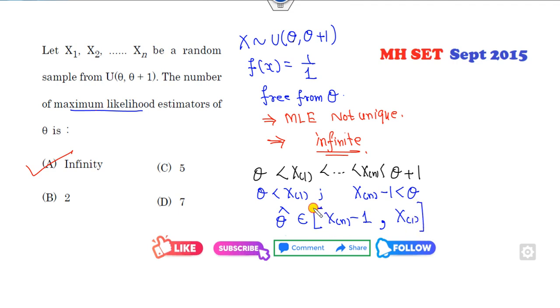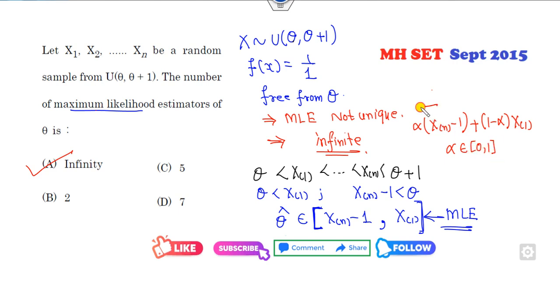Any number which belongs to this closed interval is an MLE. So how many numbers are there? They are infinitely many. Or you can also write this as alpha times xn minus 1 plus 1 minus alpha times x1, where alpha belongs to 0 to 1, that is a convex linear combination of this. So you can see it has infinitely many estimators. So that means this is the right answer.